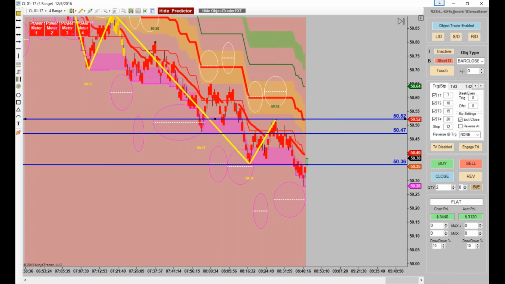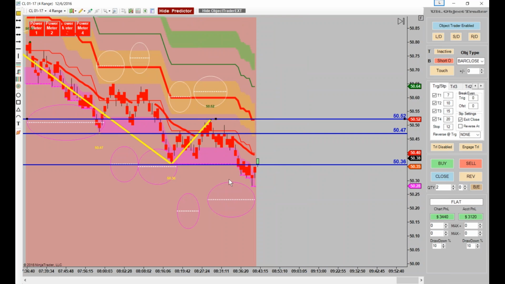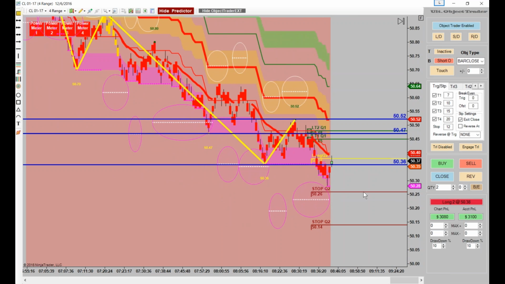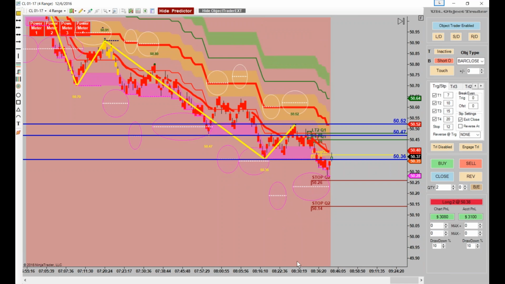Now keep in mind that you could actually probably have gotten this trade long because the box would have drawn down in here. So see when that takes out that lightning swing like that right there with the power meter going green, I would probably take that because that was at the open of the market and you had a box there. But since we're showing more where to get in, looking to the left to trade the right, we'll kill that trade. But that would be a trade that I would take. And it also bounced off predictor too.